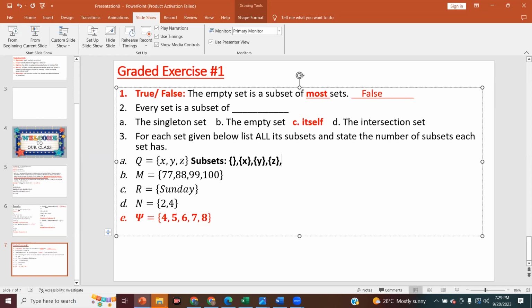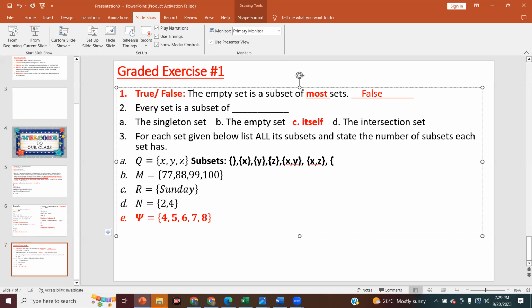Help me out. After that, we have what? Two sets. What are the 2 sets? X, Y. What else? XZ. And YZ.